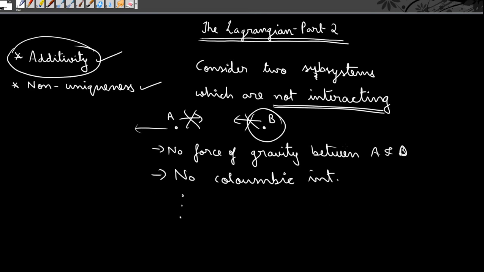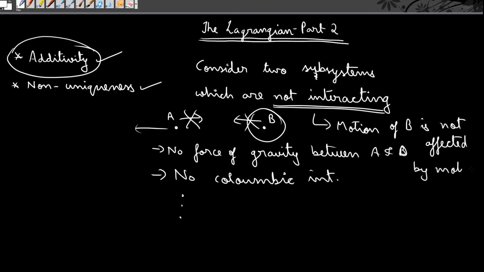So non-interaction implies the motion of B is not affected by the motion of A, and of course vice versa. Okay, so that is the meaning of non-interacting subsystems, which in our case are just two non-interacting particles.